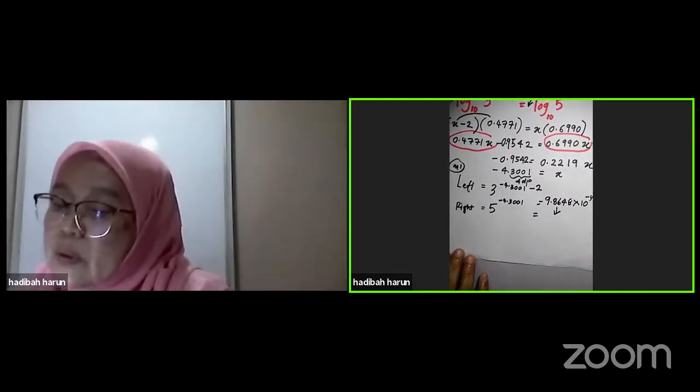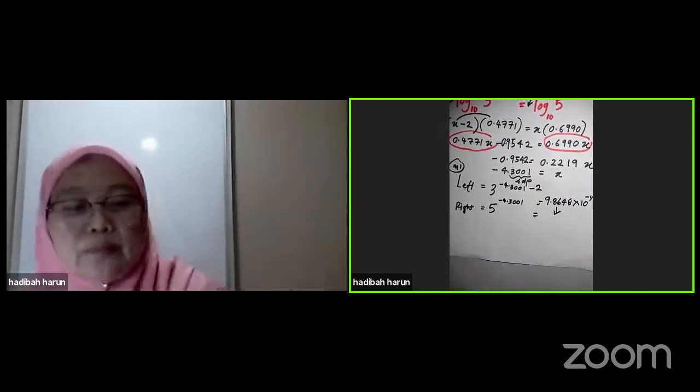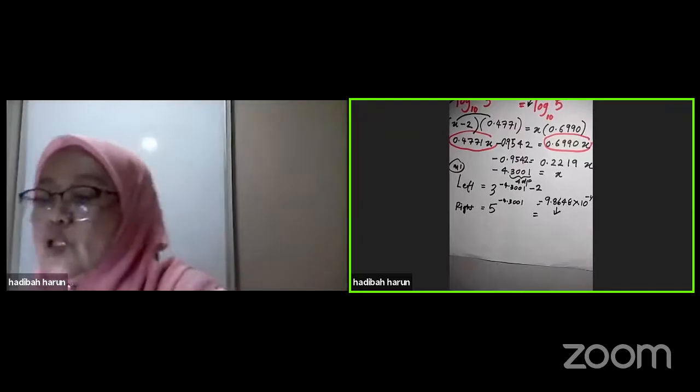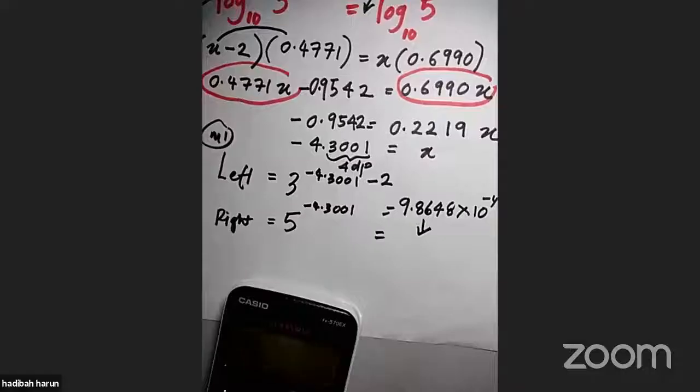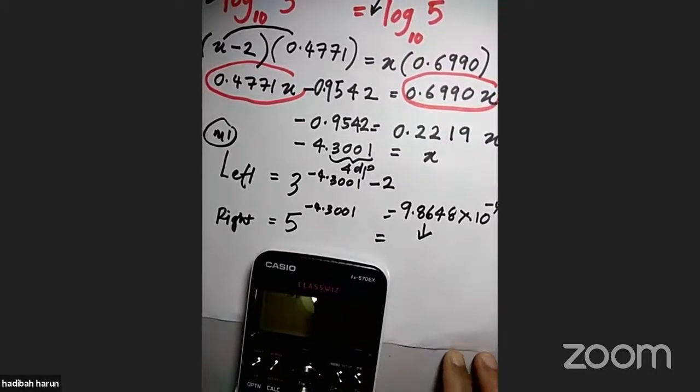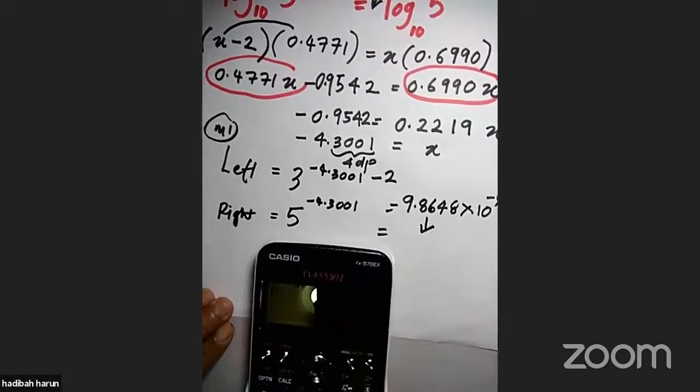The answer is the same. So we can also use the calculator for method 2. Method tu tak apa, kita ambil daripada sini. Okay, on, cikgu akan clear sebab takut memory dia masih ada lagi. Kalau tak dapat jawapan tu, tekan balik calculator awak.